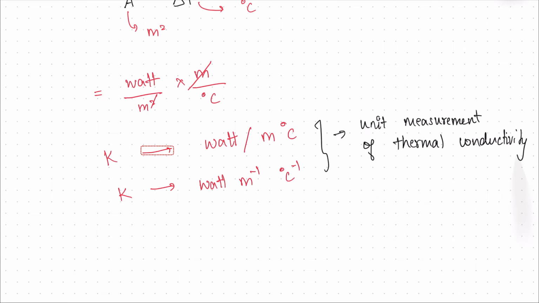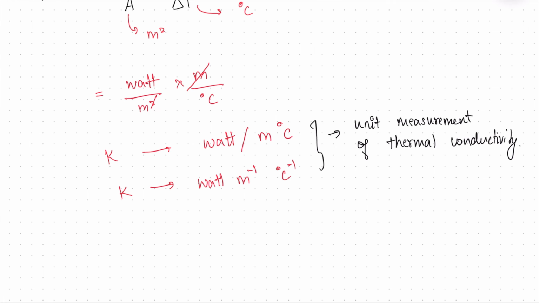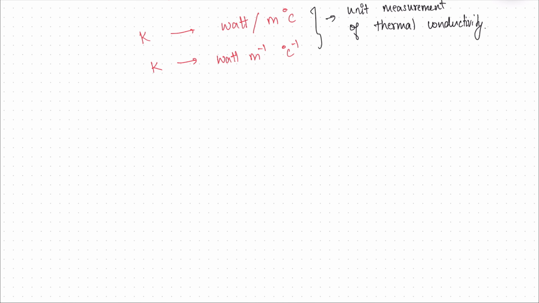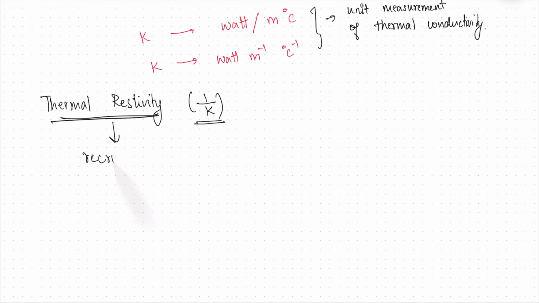So now that thermal conductivity is clear, let's move on to thermal resistivity. And this is denoted as 1 by K. And by this itself, we can say thermal resistivity is nothing but the reciprocal of thermal conductivity. You can simply say it as reciprocal thermal conductivity.